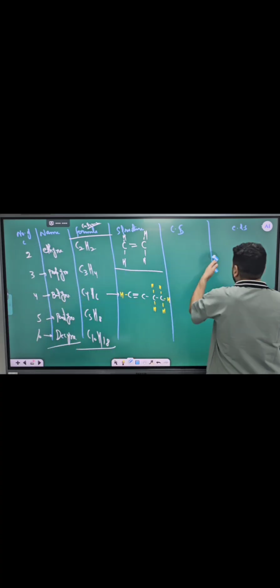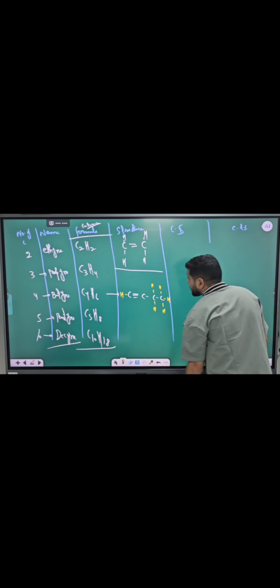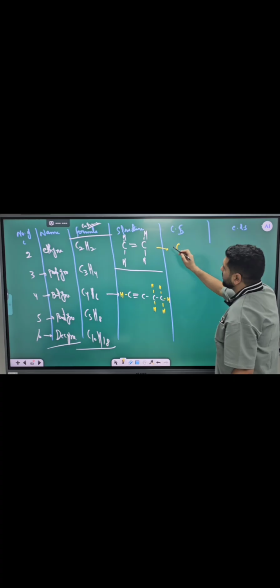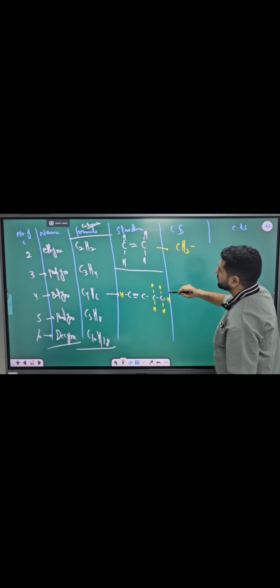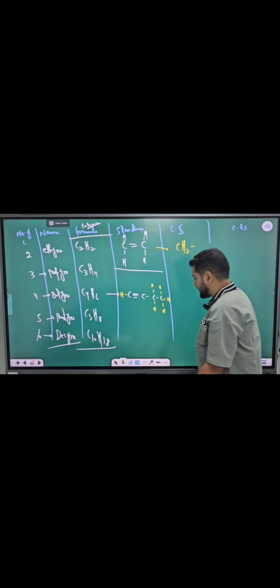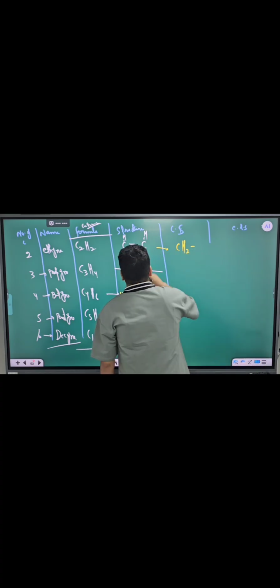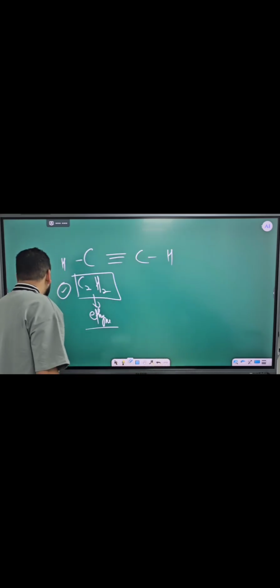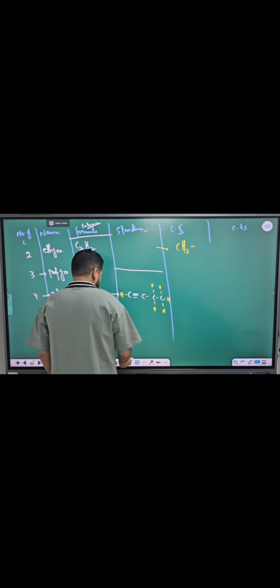If I try to make their condensed structures now, for example, what will be the condensed structure of ethyne? How many carbons? 2. Sorry, 1 second, guys. There's a slight mistake. Okay, look here, guys.